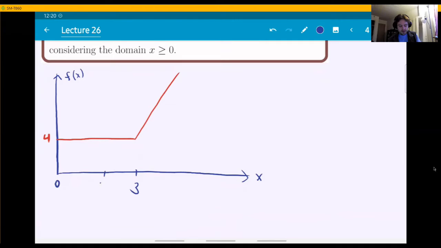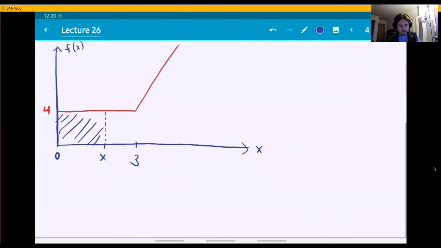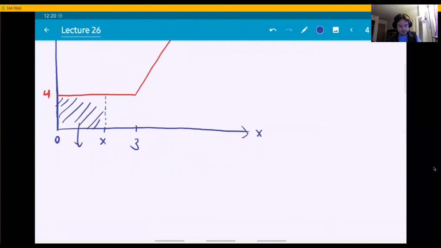If it is right here, before the number 3, then that should be a very easy calculation. A of x represents this area right here, this rectangle. And it's some positive area because the function is above the x-axis. What is this area? That would be base equal to x and height equal to 4, so 4 times x.